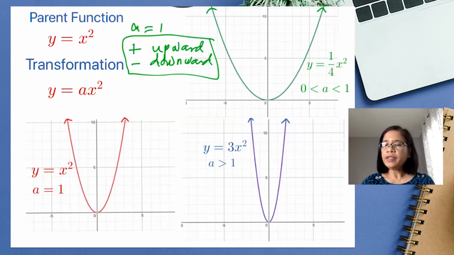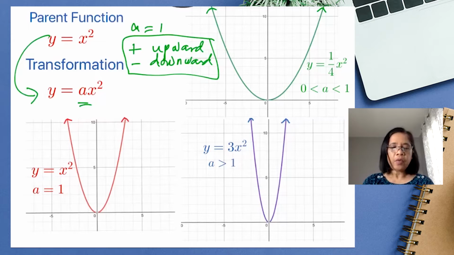Now what happens if we change the value of a? The transformation from y equals x squared to y equals ax squared: when a is equal to 1, we have the graph here where the vertex is at the origin and the parabola is facing upwards.